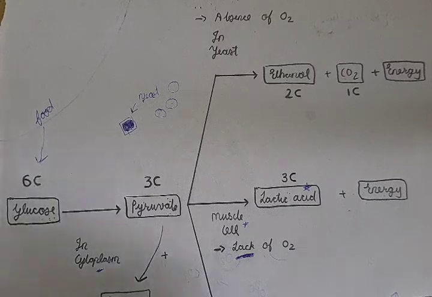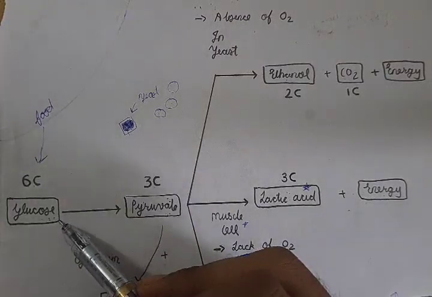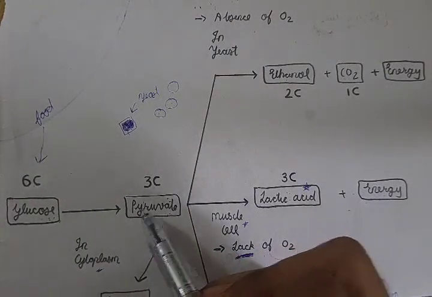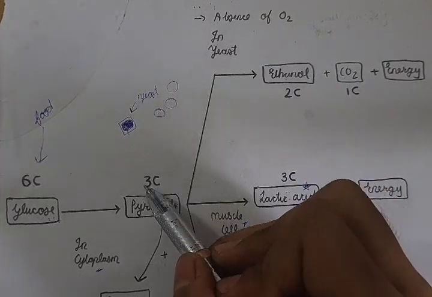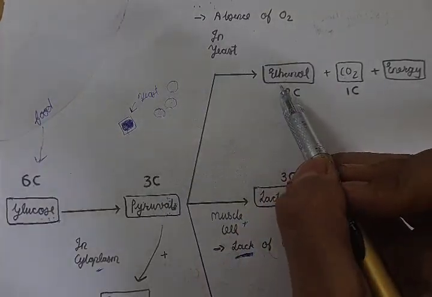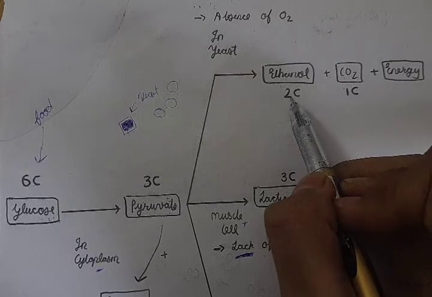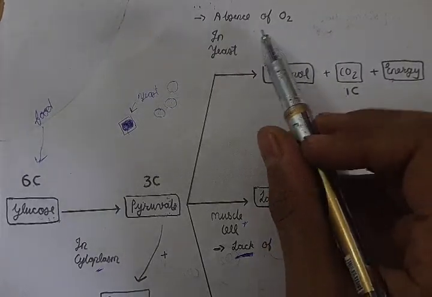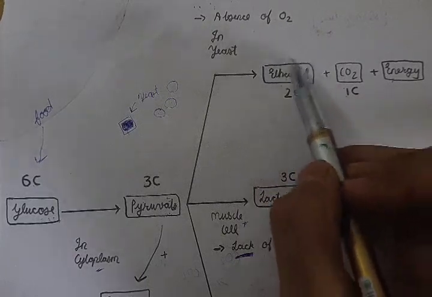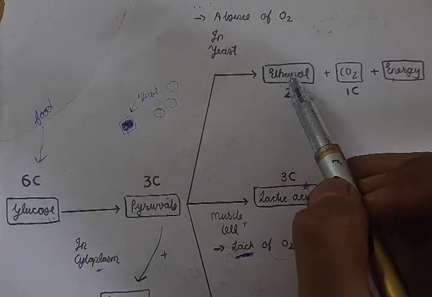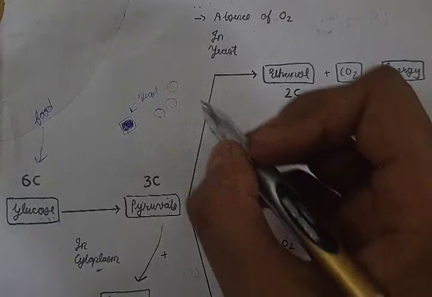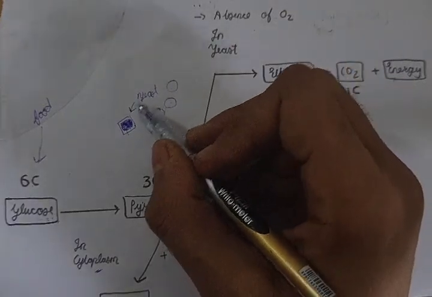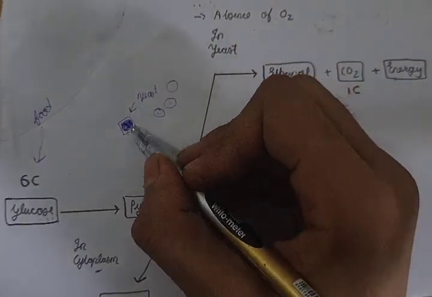So this is what it is saying: glucose is converted first into pyruvate here also, and then this 3 carbon pyruvate molecule is broken into ethanol and carbon dioxide, 2 carbon and 1 carbon molecules, and some energy is released. This is in the absence of oxygen, and this ethanol is alcohol only. When we do this process, it is called fermentation, meaning yeast ferment the sugar.